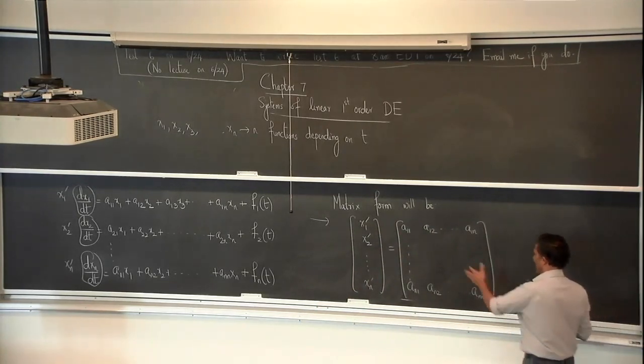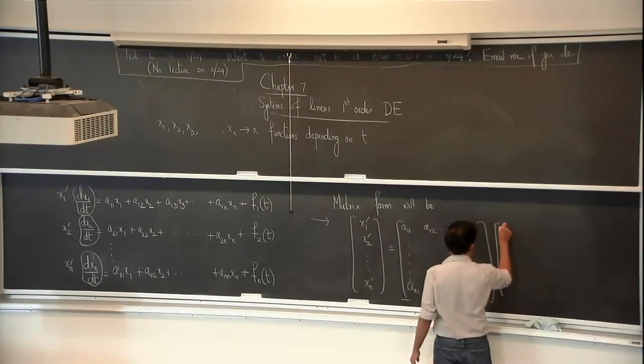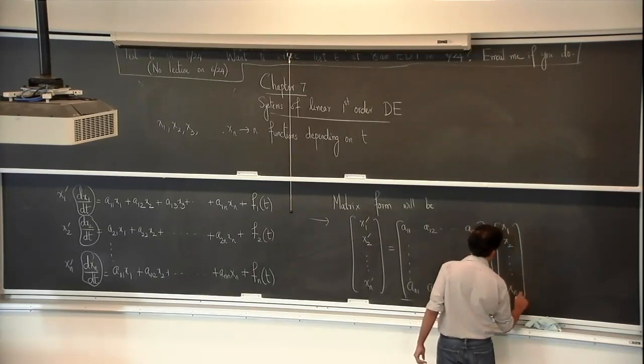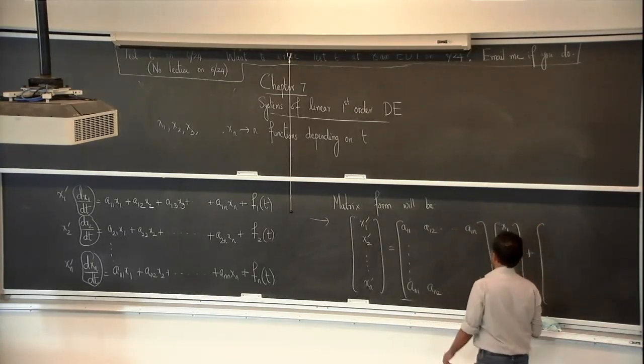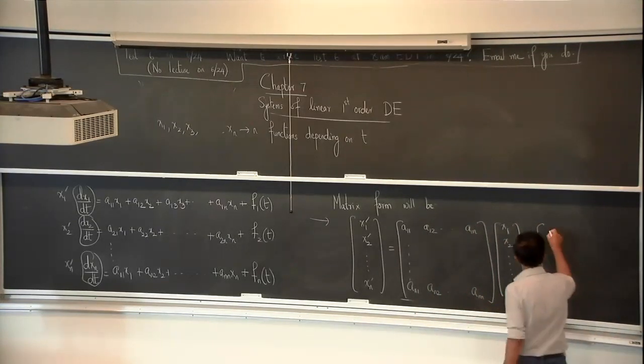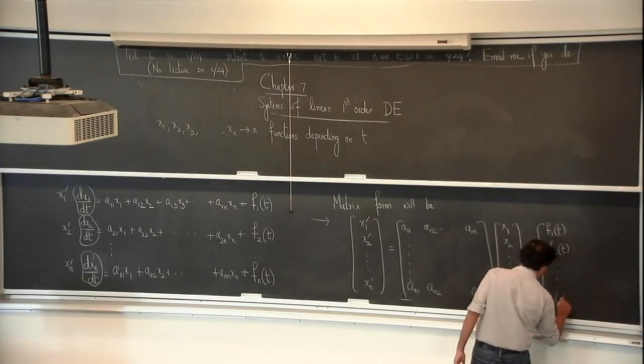Okay, so I got n equations here. So it's A, n by n, times the vector x1, x2, x3, xn, plus those outside set of functions which we call the source or sink functions. Okay, f1 of t, f2 of t, fn of t.